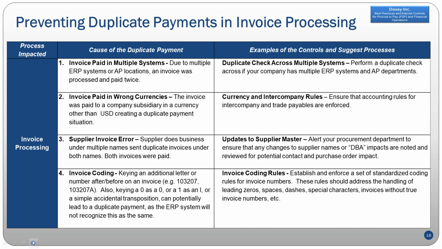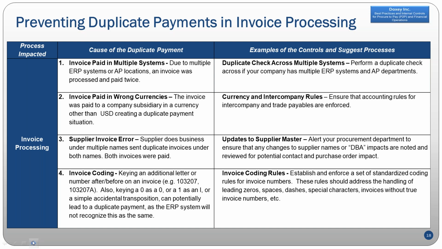What we would do to prevent this and improve the process is perform a duplicate check. Many companies are either running the functionality within an ERP system, or using a third-party tool to check for duplicates.